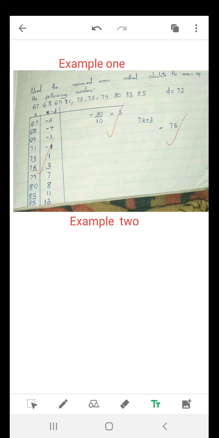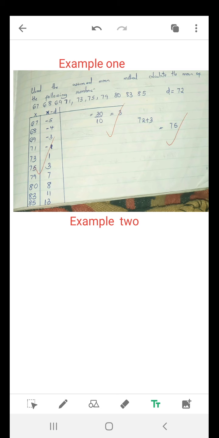So -5 is my first deviation. Then the second one is 68 minus 72 to get -4. So -4 is my another deviation. Then for 69, the deviation is -3. 71, the deviation is -1.